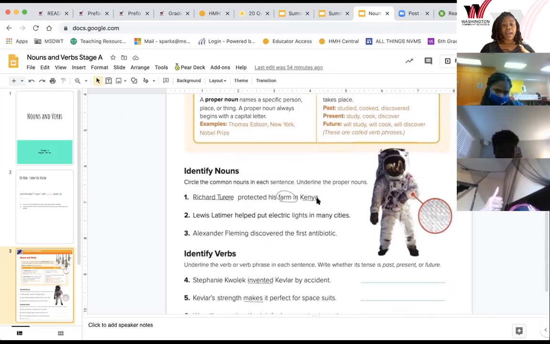Okay, why are these proper nouns? Manasia, can you tell me why is Richard Terrari a proper noun? Because it's a specific person, right? It's a proper noun. Omar, why did I underline Kenya? How do I know to underline Kenya?